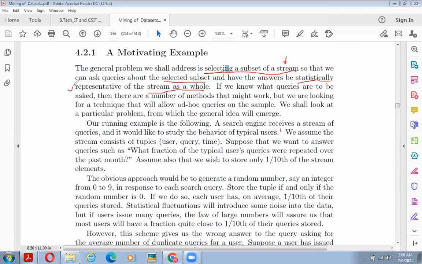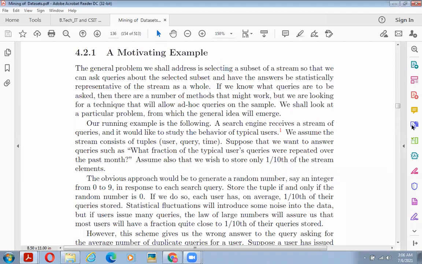This subset will be statistically processed and will represent the whole stream. That is the overall idea.